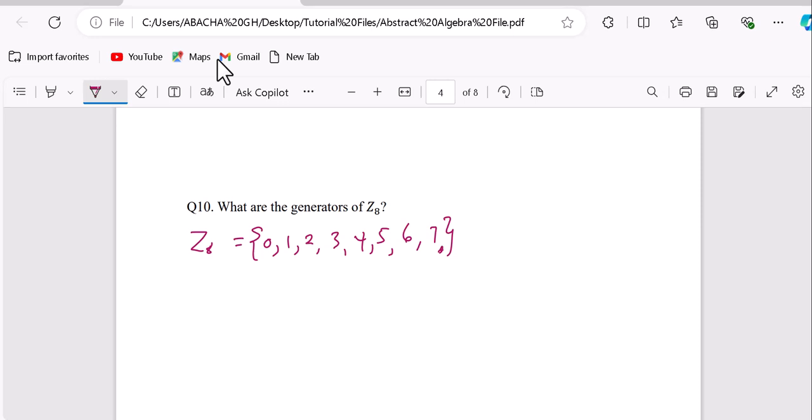Now, what will be a generator? Well, there's a shortcut for identifying what a generator is.